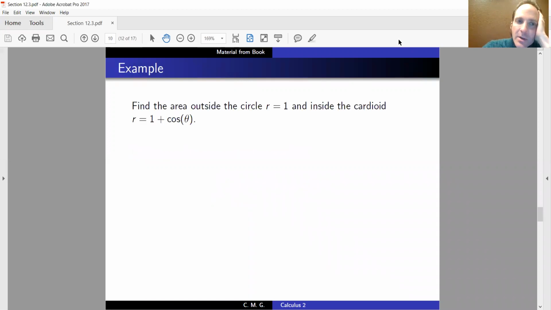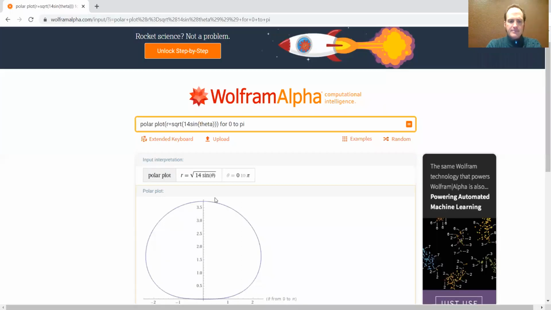So let's do an example here. I want an area outside of a circle, r equals 1, inside the cardioid, 1 plus cosine theta. I find it beneficial, again, to look at this. So I have a circle r equals 1. And then I have r equals 1 minus cosine theta.